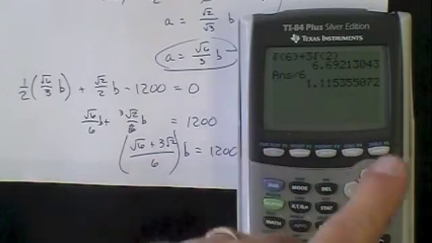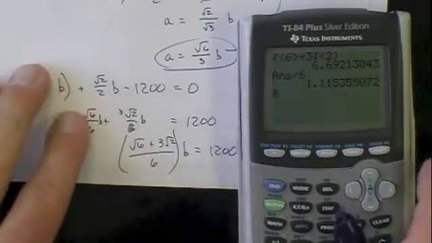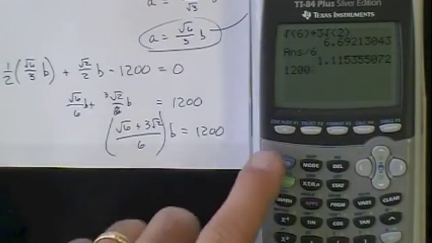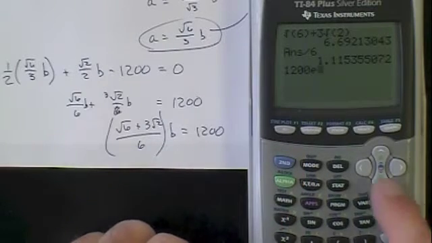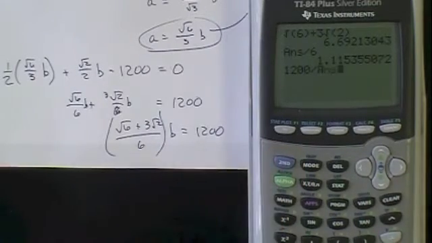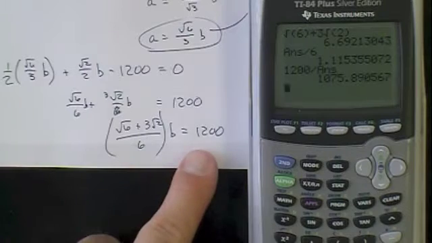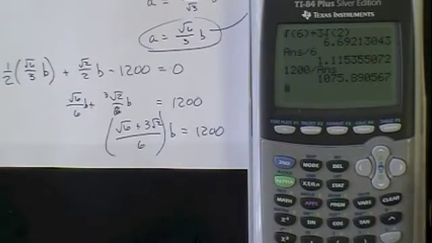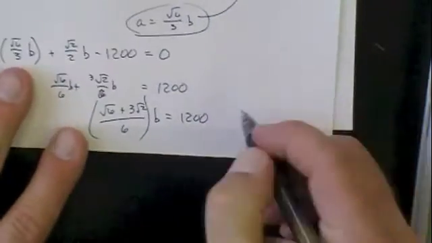Okay, so that is our value here times b, and we're solving for b, so I'm going to divide that over to the other side. So I'm going to take the 1200 and divide by my answer. And so we just found that the force on b is 1,075.9 pounds.